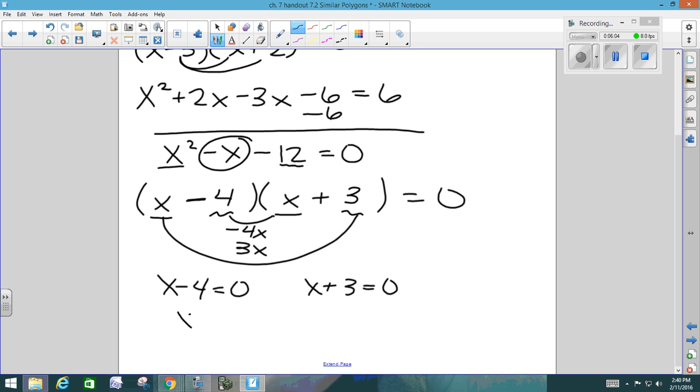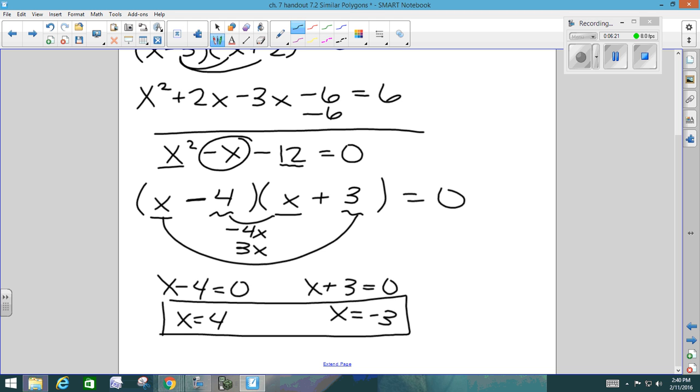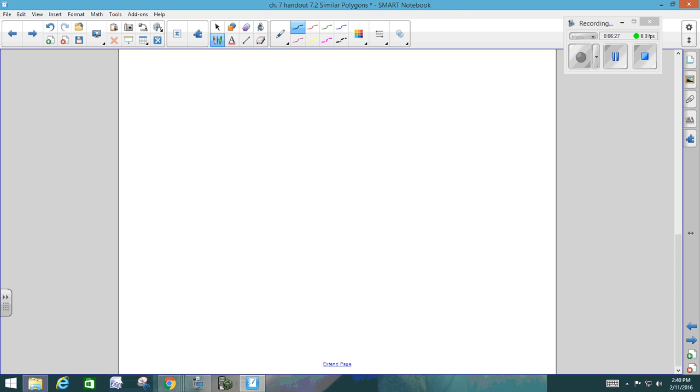Add 4 over, x equals 4. Subtract 3 over, x equals -3. Those are the two x values that will give you 0 up here to make your solution 0. So you should check these. I did earlier. They both work. Okay. I'm going to do the next one with you, 42.